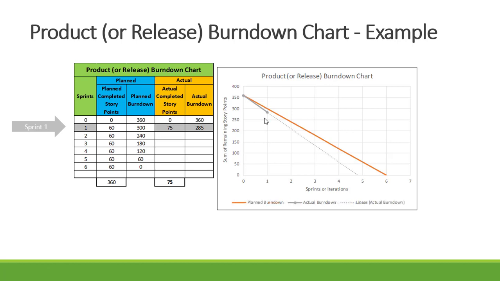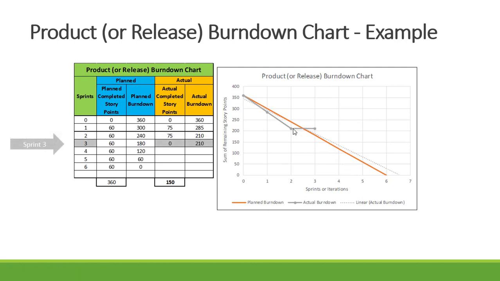We can also add a trend line that will also indicate that we are ahead with our project. For sprint 2, 75 points were also completed. 285 minus 75 is 210. So we're still ahead with our project.